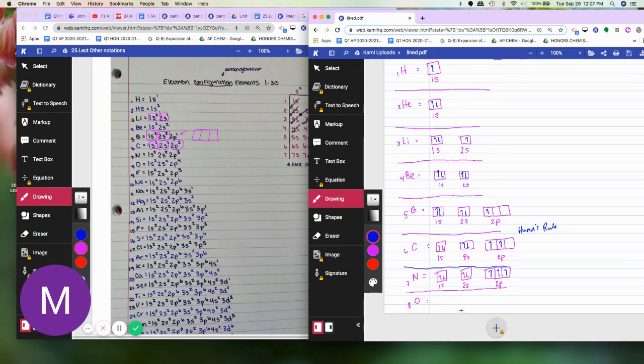Okay, and then for the oxygen, for the 8th electron, 1s, 2s, 2p. You write 1, 2, 1, 2. This is going to be the 4th electron. This is the 5th, the 6th, the 7th, and the 8th electron is right here. And that's how it gets filled up. And then you just keep going.